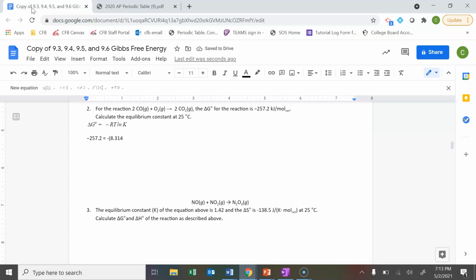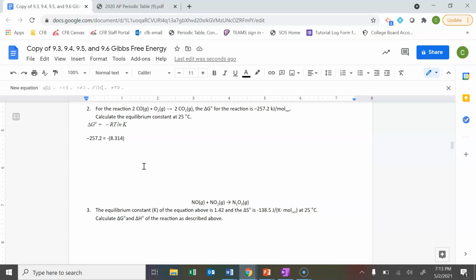Now let's be careful here. I almost made a mistake, because this is joules per mole Kelvin, and this over here is in kilojoules. I need to convert that into joules, so I multiply this number by 1,000, since 1,000 joules go into each kilojoule.